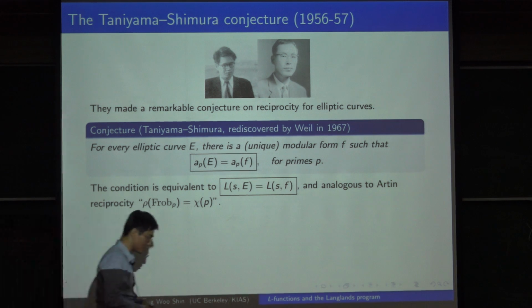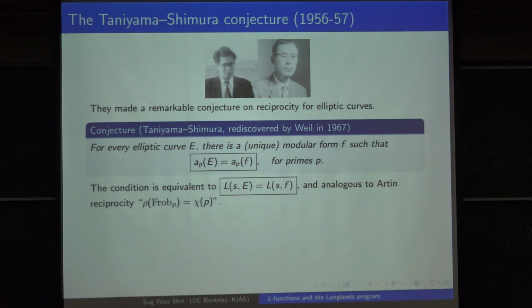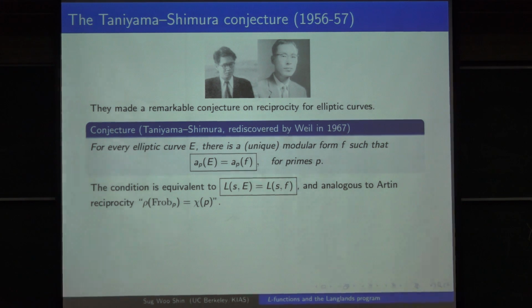And it plays a similar role here. And that's what's happening. And it was a conjecture. I mean, many of you probably know that now this is a theorem, but it was amazing at the time, and of course, not many people believed.